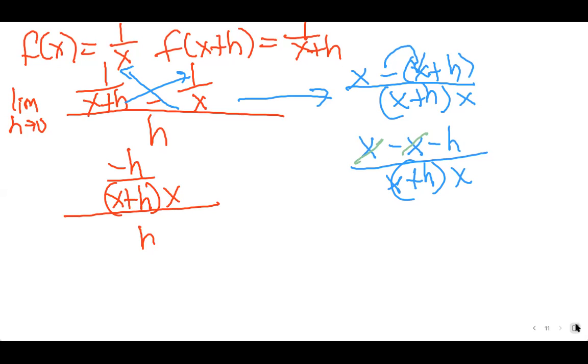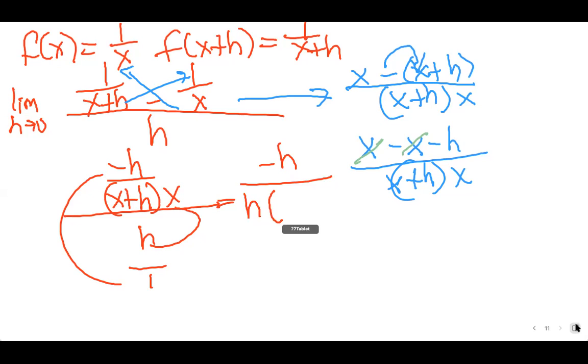I will put 1 here on the lower part, and then we will use this kind of solution. Right? Okay. So, sa taas natin is matitira na lang si negative h times 1 is negative h still, and then I will multiply h sa x plus h at sa x.